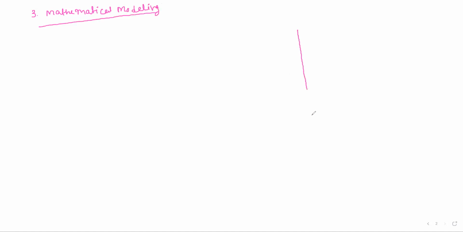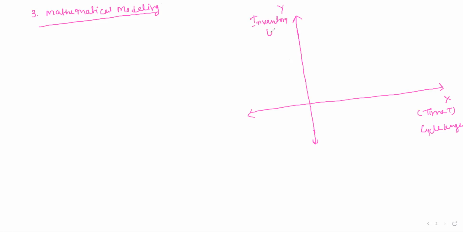So first we draw the graph. Here the x-axis denotes the cycle length, that is time. And the y-axis denotes the inventory level. Okay, we can denote it by I(t).